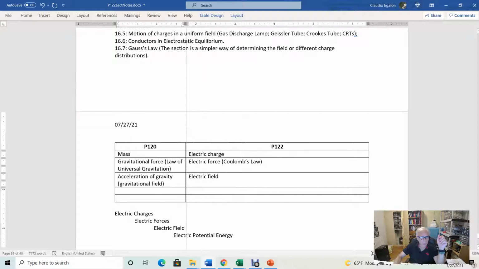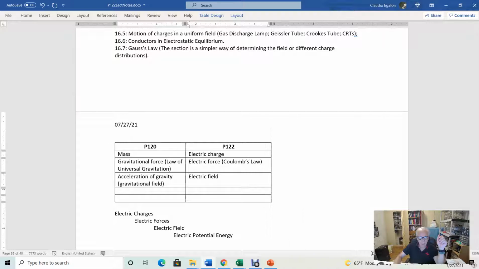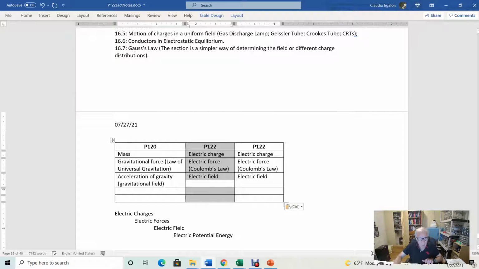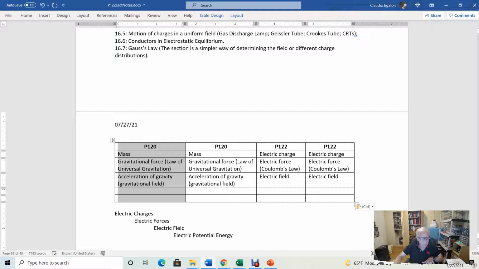We can put this in this way. Here's the source of gravitational field and the source of an electric field. And I'm going to keep this one empty here.